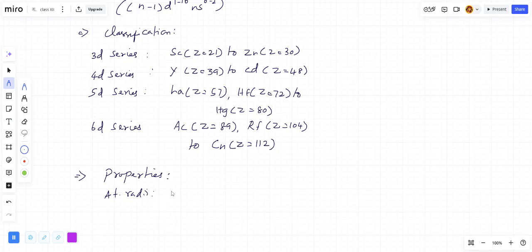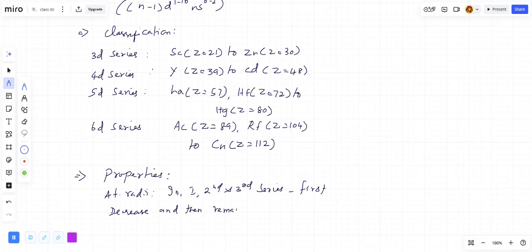So I'll write here: in the first, second, and third transition series, first atomic radii decrease and then remain the same.